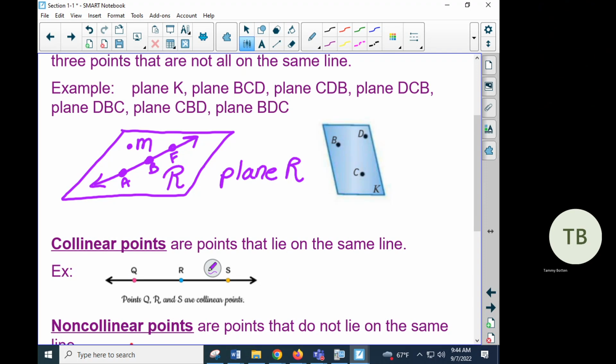M would have to be in the name. Plane FBM, BAM. Okay, you can't use R because that's not a point, right? So I can name it as plane R, or I can name it as plane and any three points that are not on the same line. So plane ABM.